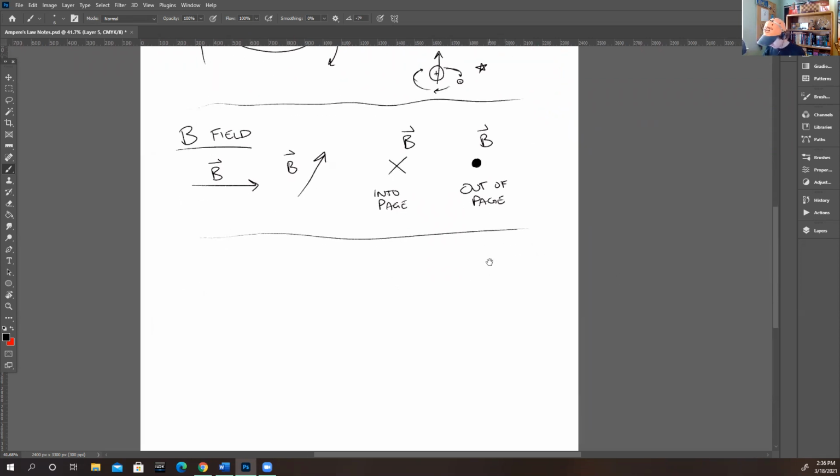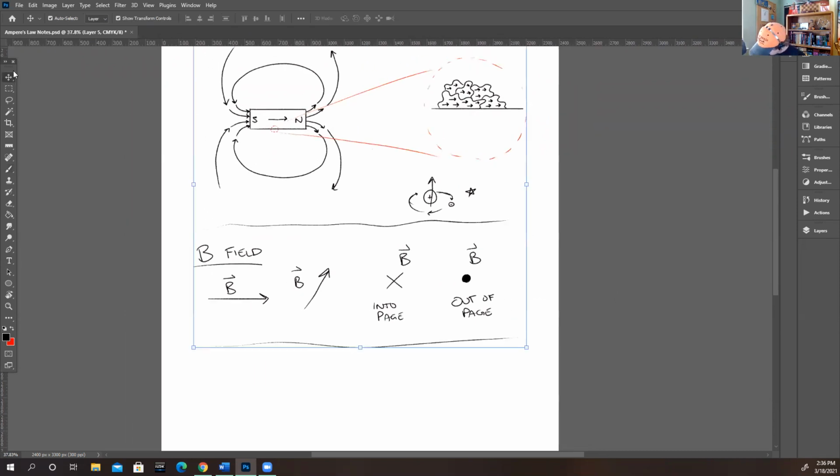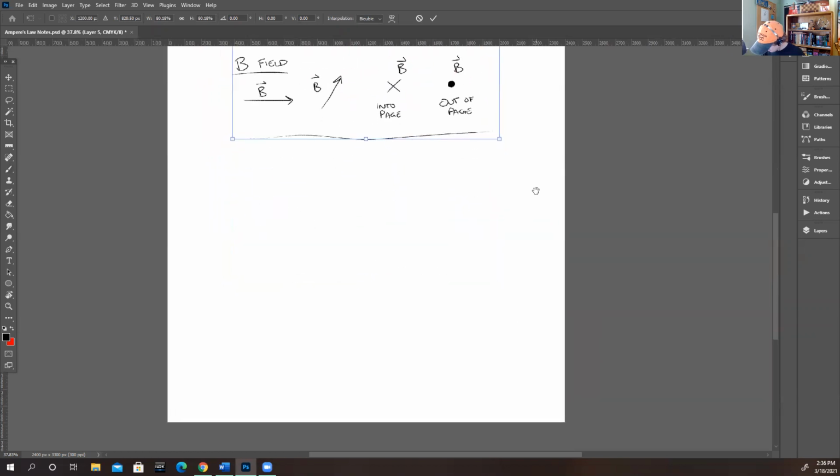I think I'll do one more big example. That's enough room.